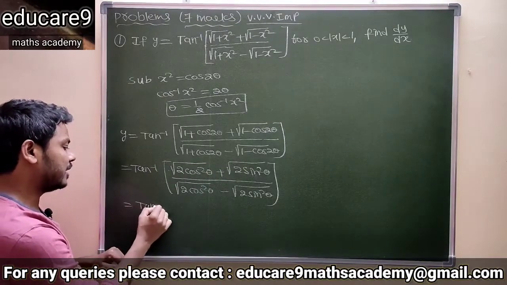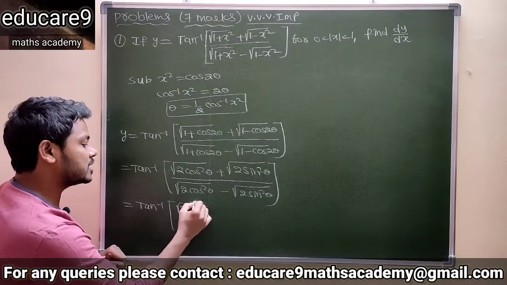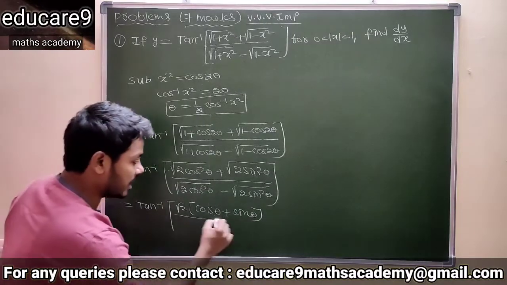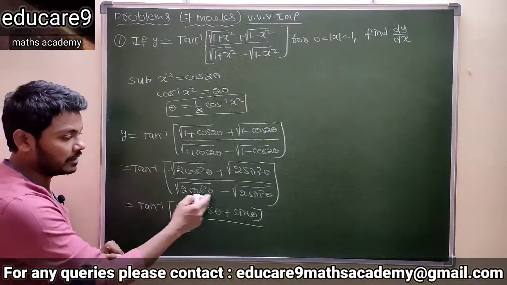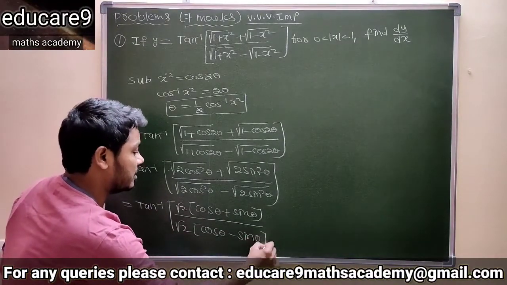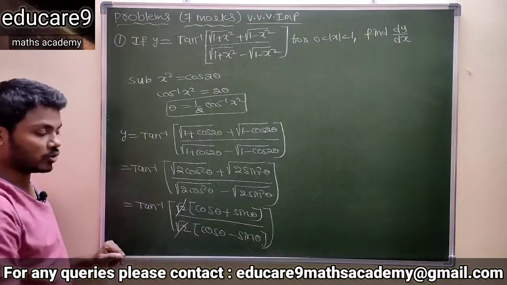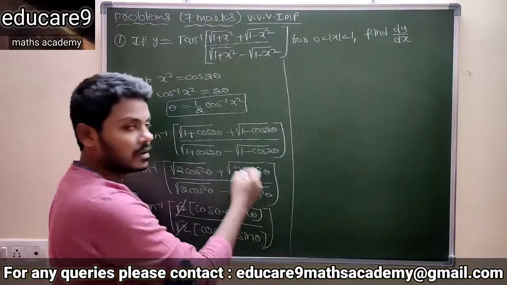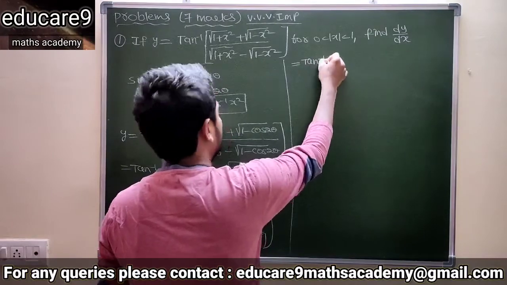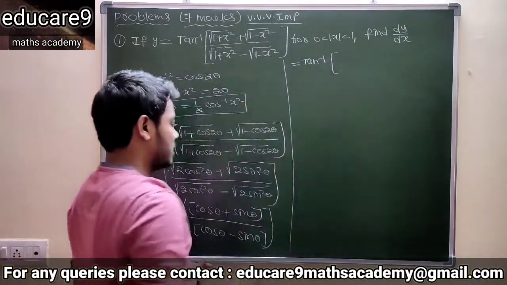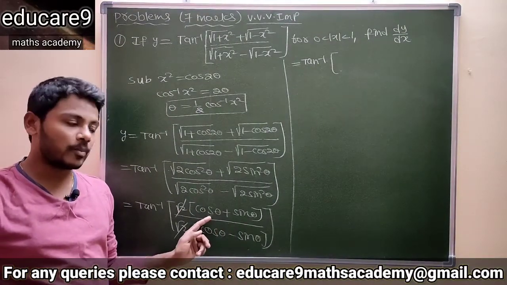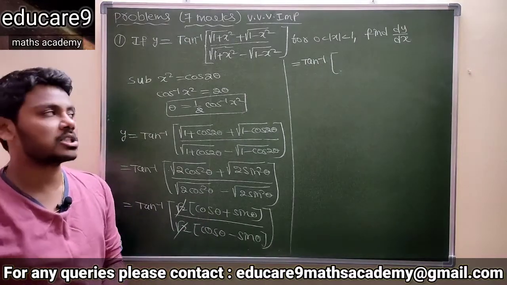So this is tan inverse of (cos theta plus sin theta) divided by (cos theta minus sin theta), and root 2 gets cancelled. Now divide both numerator and denominator by cos theta.